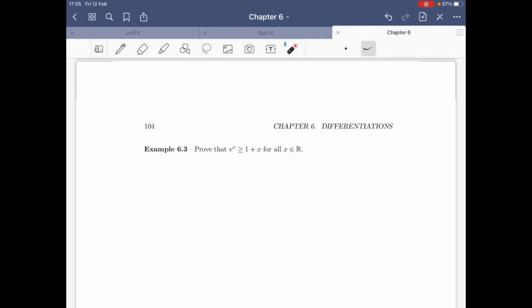So to do this, we actually need to let f of x equal e to the x, and we need to give this information first that its derivative equals e to the x itself, for all x in the real numbers.